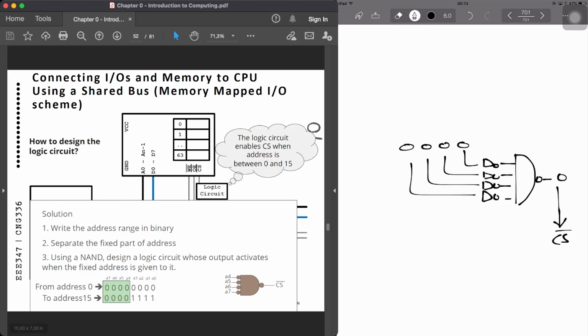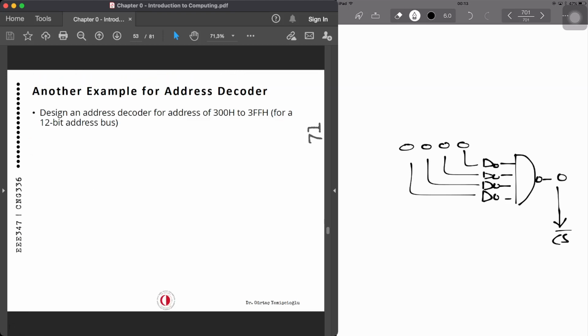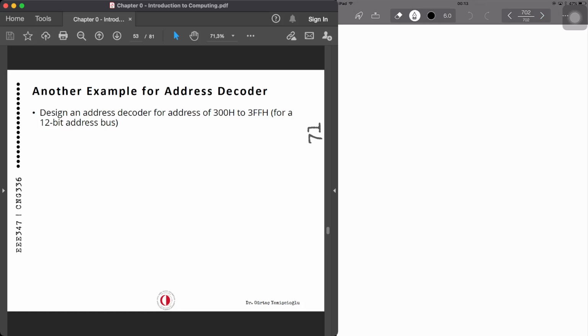Now here is the question: design an address decoder for the address range of 300H to 3FFH. So 300H is 0011 0000 0000, and 3FFH is 0011 1111 1111.